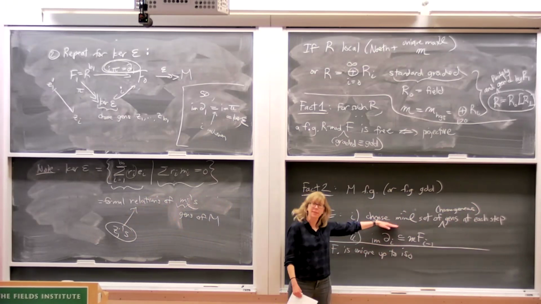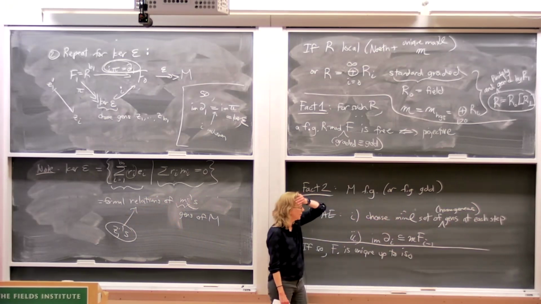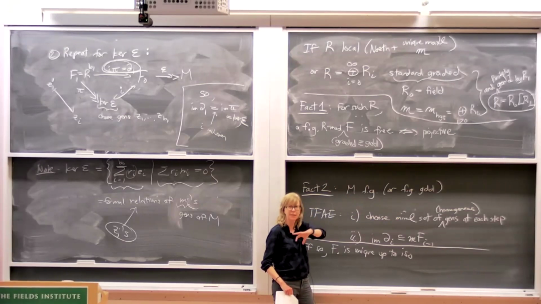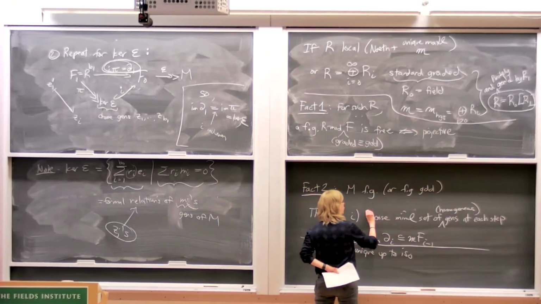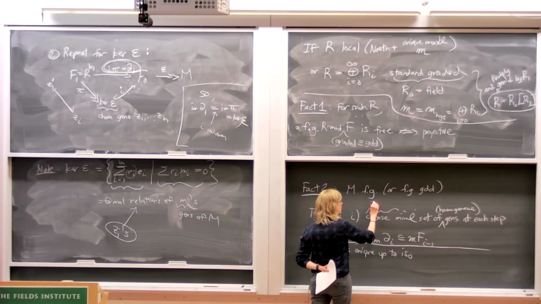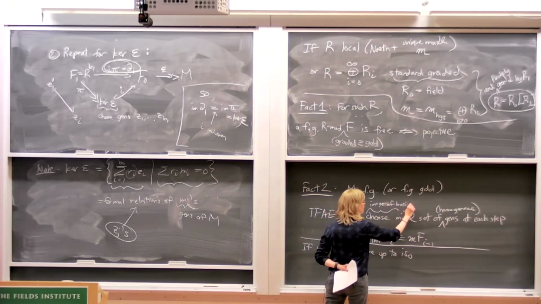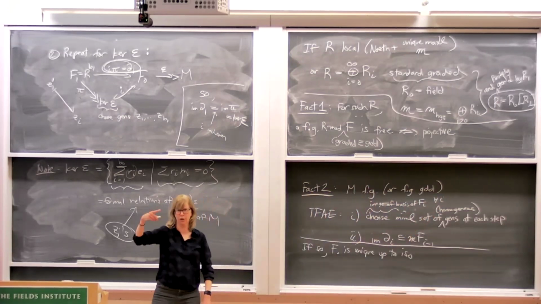If you did this, then the image of your differentials will be in the maximal ideal times M. If you have this, then it means the images of the basis elements are giving you minimal sets of generators. Not great grammar. So another way to say this is just the image of the basis of F_i for all i is giving a minimal set of generators of the previous kernel. Okay.